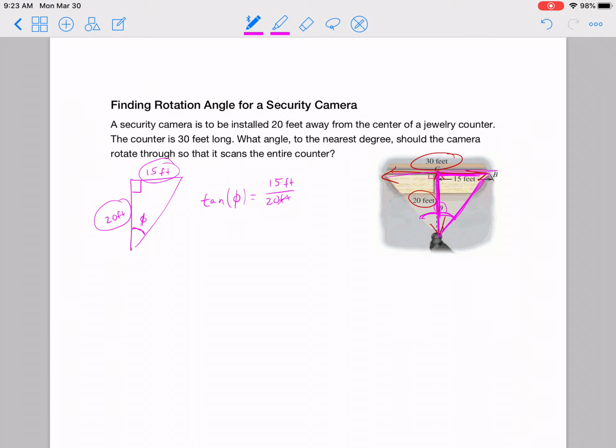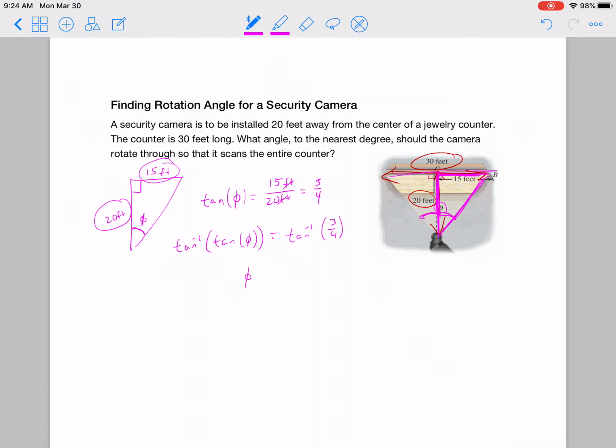My feet will cancel, and I'll have 15 over 20, which is just 3/4. Now I want to solve for phi, so I'm going to do the arctangent of both sides, because what you do to one side, you have to do to the other.